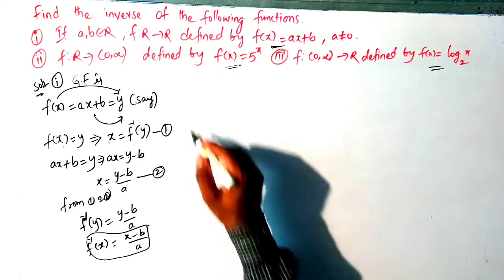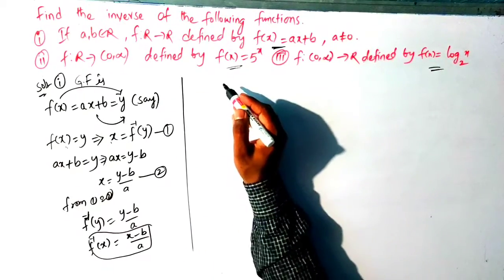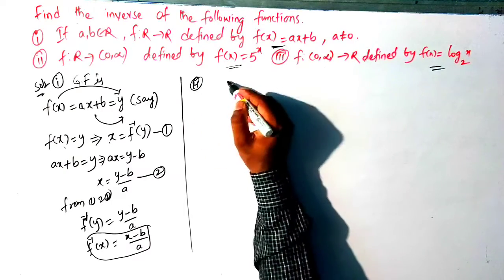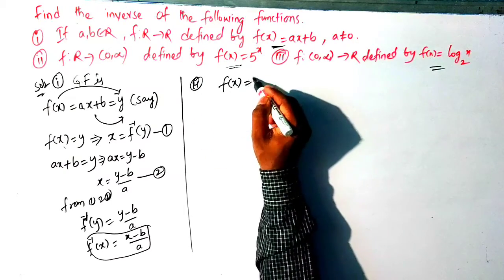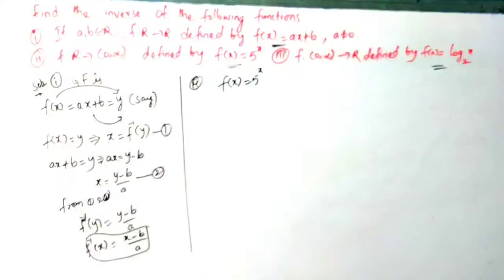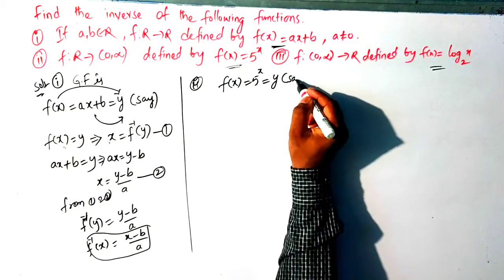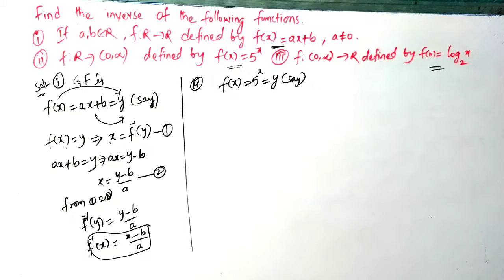Clear? So next, the second one. What is the second one? f of x equals 5 power of x is given. We find f inverse of x. Again we assume the given function is y.